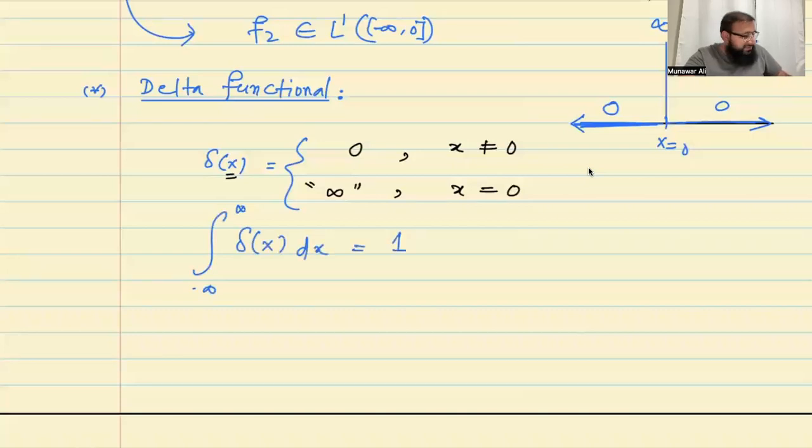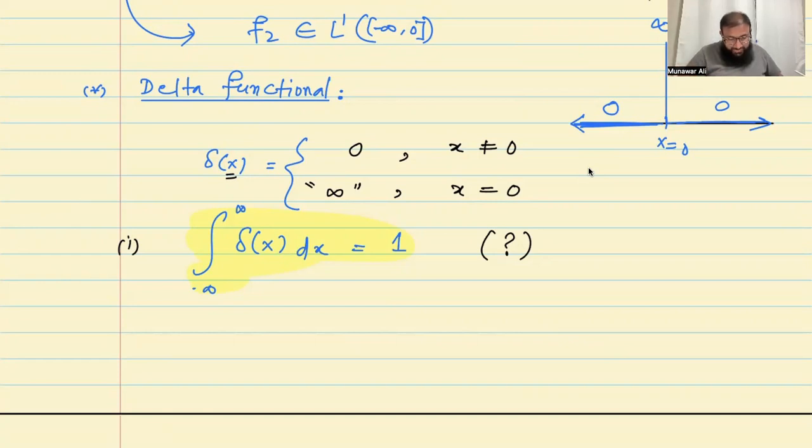But this is really not an important thing, because in the classical theory of analysis, it doesn't make any sense. What makes sense, we'll discuss, because we'll say that delta is a functional, it's not a function. When we discuss these things in detail, we'll discuss this as well.